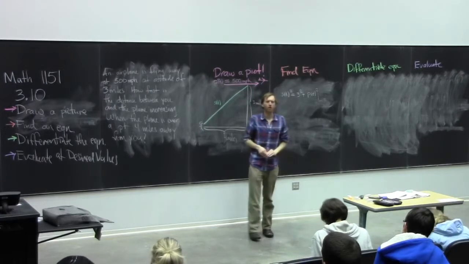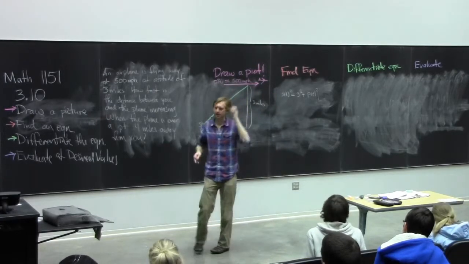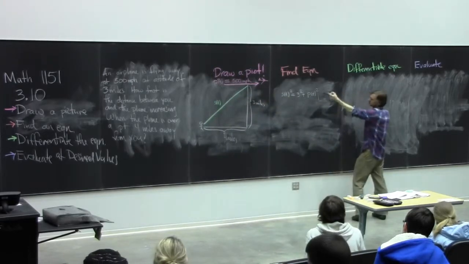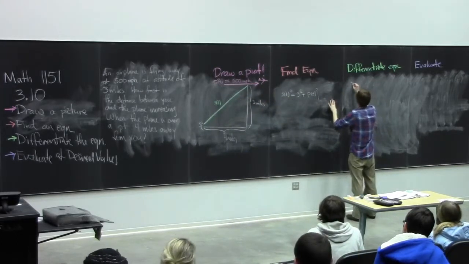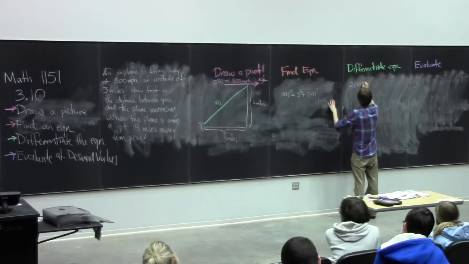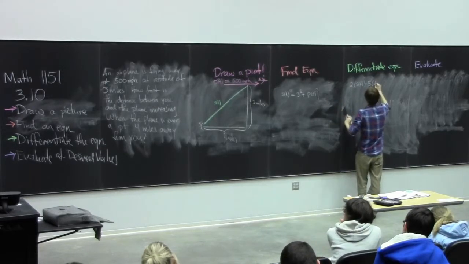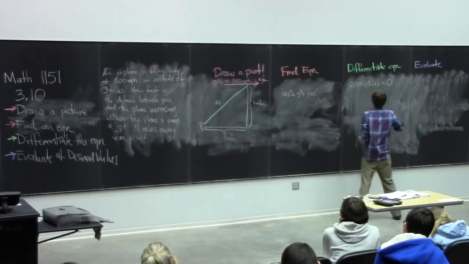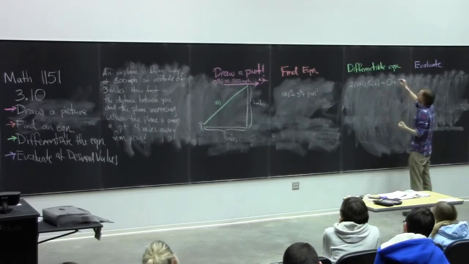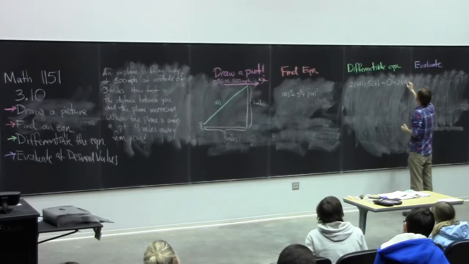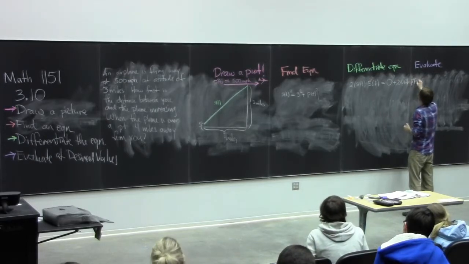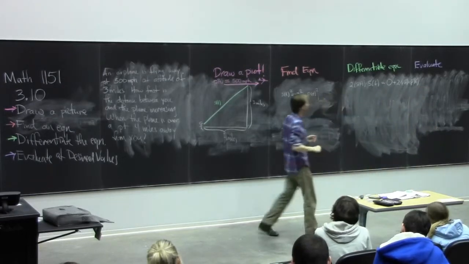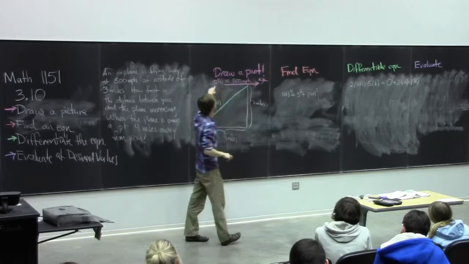One way that you know you're on the right path is when you differentiate, you should see one of these derivatives that you know. So look, it's going to be 2 times s of t times s prime of t equal to, well, the derivative of 3 squared is 0, plus 2 times p of t times p prime of t. Ha-ha, so there's that p prime.